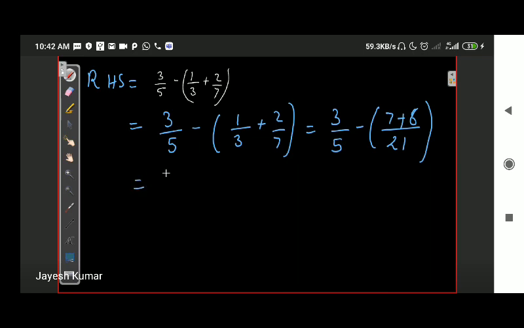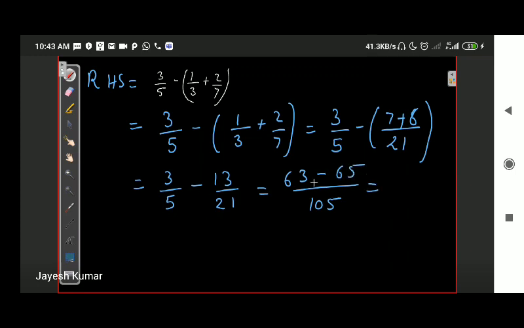So simplifying the bracket, you will get 13 upon 21. After that, you take another LCM like we have taken before. LCM is going to be 105. Numerator this time will be 21 into 3, that is 63, and 13 into 5 is 65. Negative sign as per the question, and your final answer is going to be minus 2 upon 105.